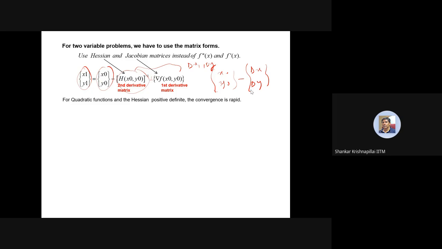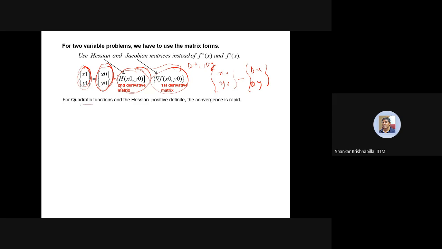This is Newton's method for two variable problems. We should have a starting point, and then you subtract the inverse of the second derivative matrix multiplied by the first derivative matrix, and then you get the next point x1, y1, where the slope will be equal to 0.